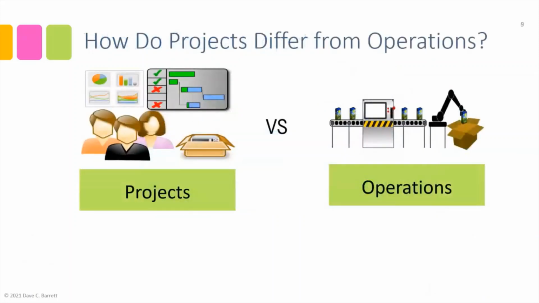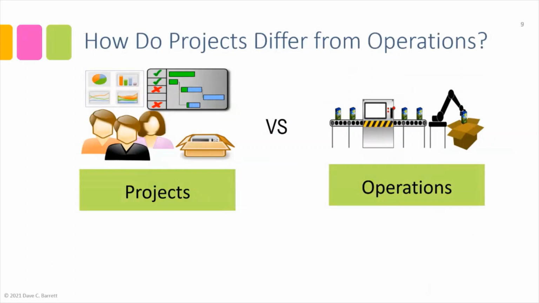Now, how do projects differ from organizations? That's a good question. Well, we know that projects are temporary and unique. They are temporary in duration, and they produce unique outcomes or outputs. Operations are really the opposite. That's the other part of an organization.